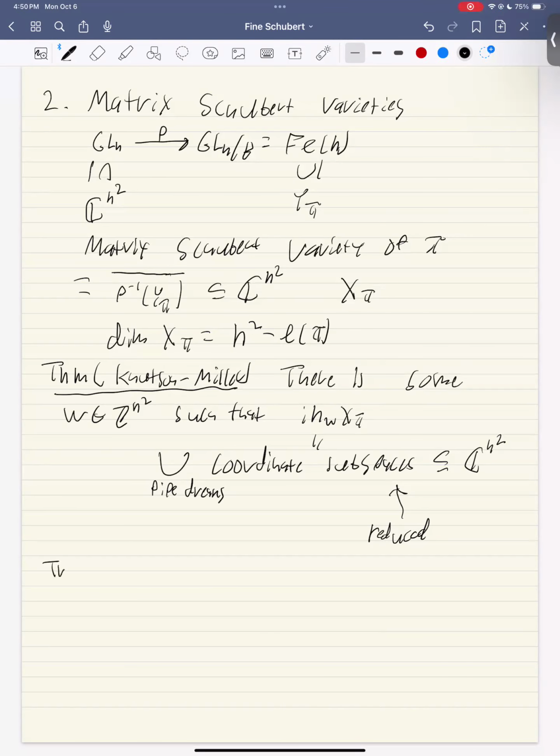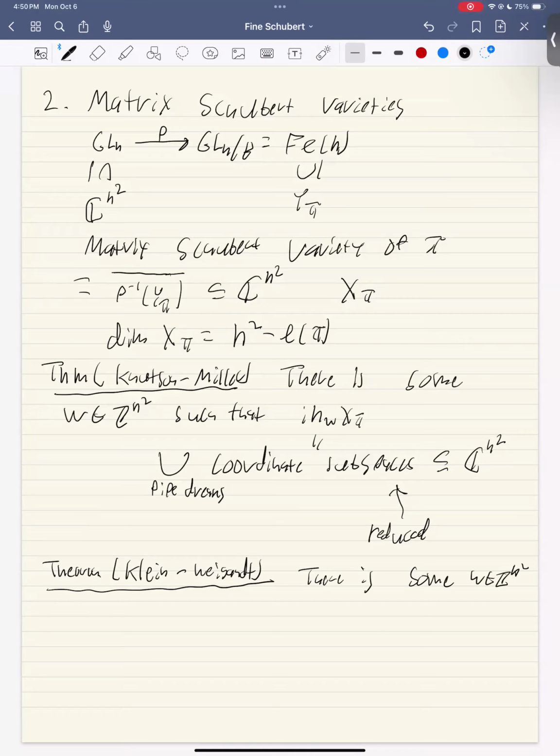So the second theorem is more recent, due to Klein and Weigandt. They show that there is some w in Z^(n squared) such that the initial degeneration with respect to their w, and again it's some explicit thing, is a union of coordinate subspaces with multiplicity.